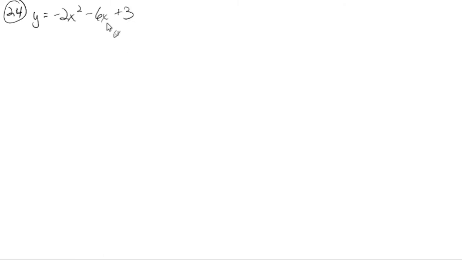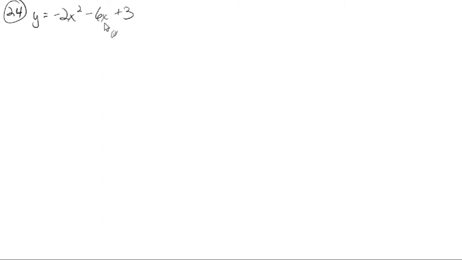Okay. When we throw this x to the first power in here, and it's something other than this x squared and this constant, now it changes things. You may have noticed that we were moving up and down on the y-axis on those previous examples, maybe shifting the vertex up or down, and then making it open down or open up.